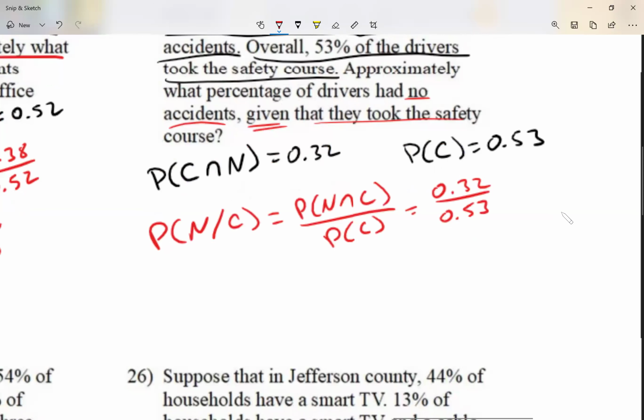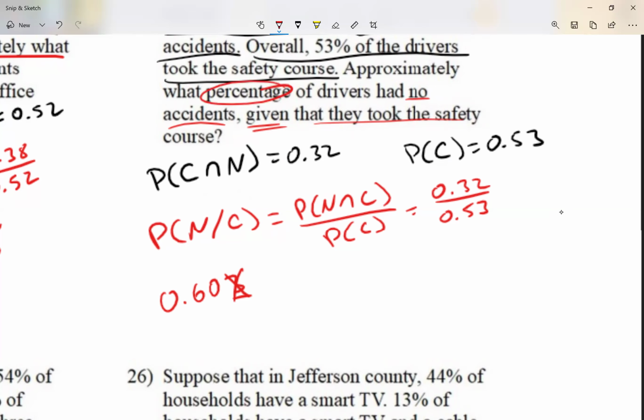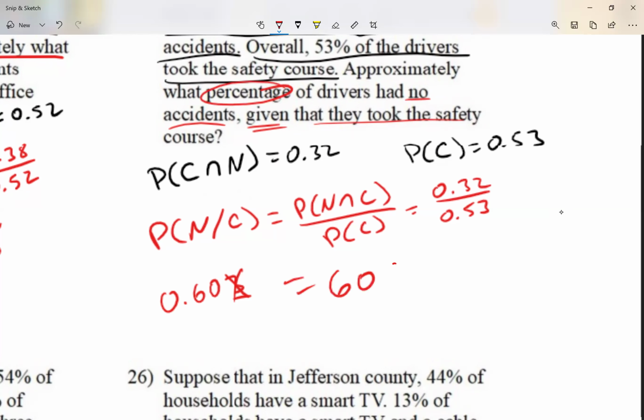According to my calculator, that is 0.603. The third decimal number is small, so I'm going to ignore it. If it was asking for probability, it is 0.60 or 0.6, but because it's asking what percentage, I could call this 60%. I just don't want you to be writing the percent symbol. So just 60 is enough.